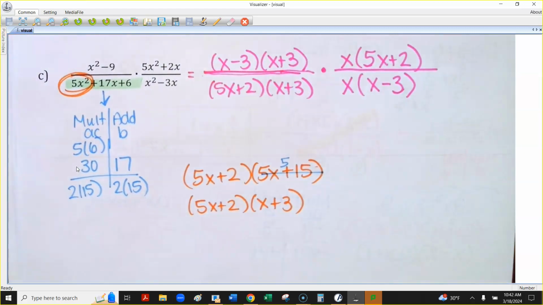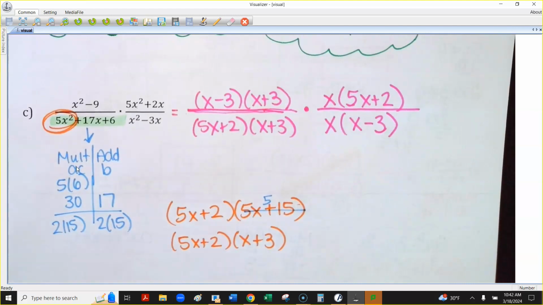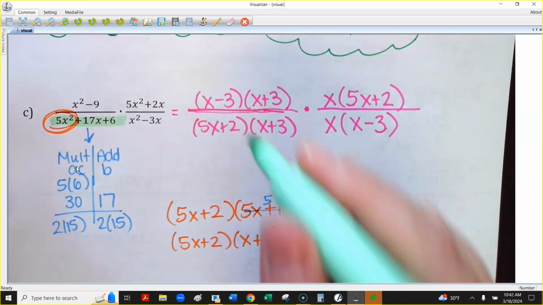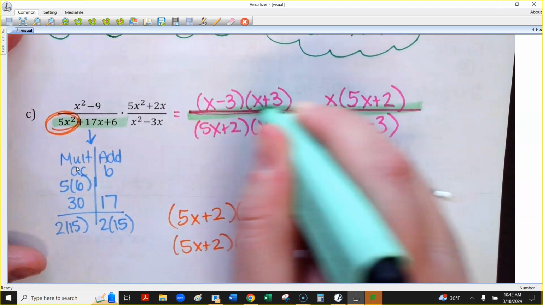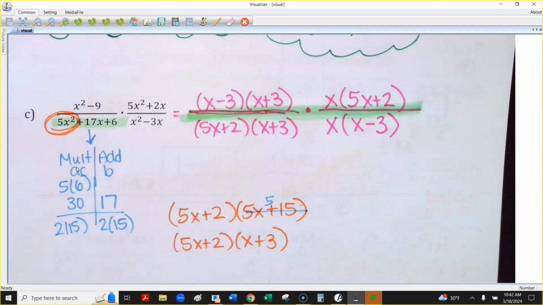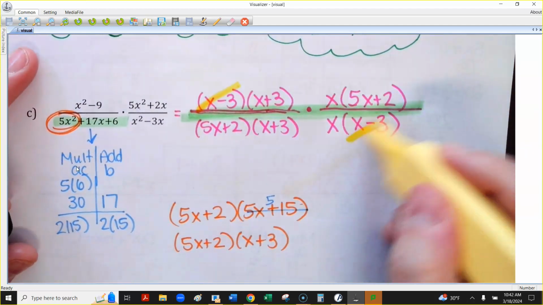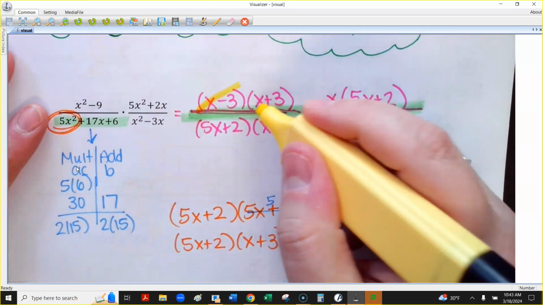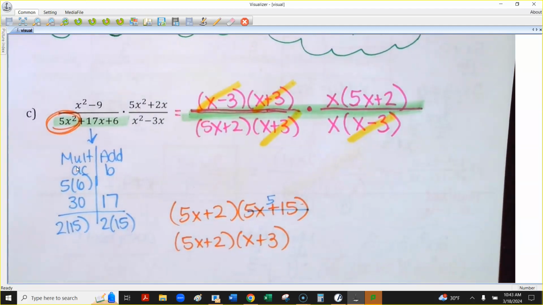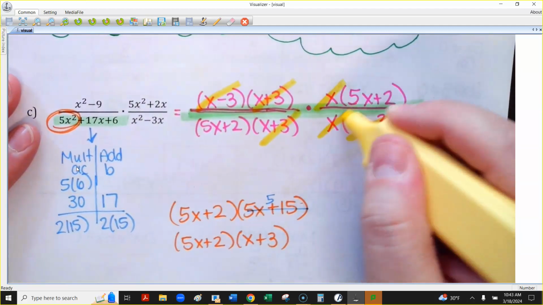Okay, now, this is one big multiplication problem. So if you want to think about this, this is just like one giant fraction, because we'd multiply straight across the top, straight across the bottom. Anything that matches, we can cross out. So here's an x minus 3, here's an x minus 3. Here's x plus 3, x plus 3. Here's an x and an x right here.